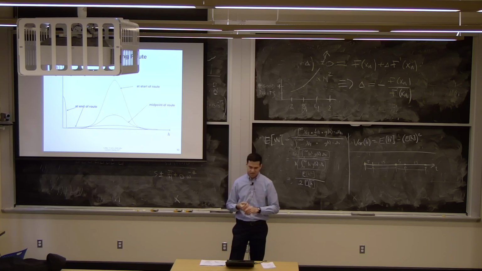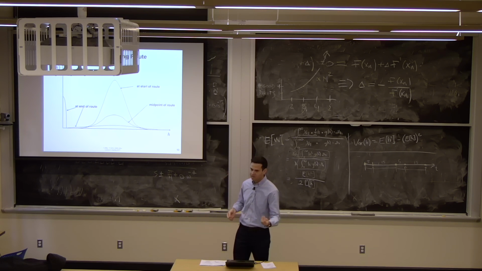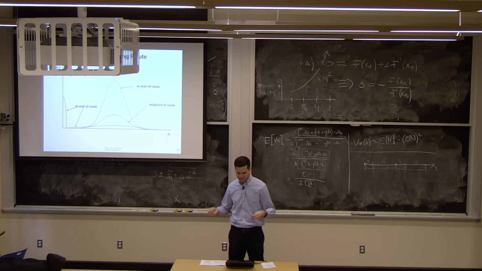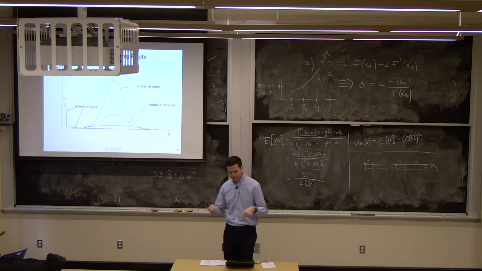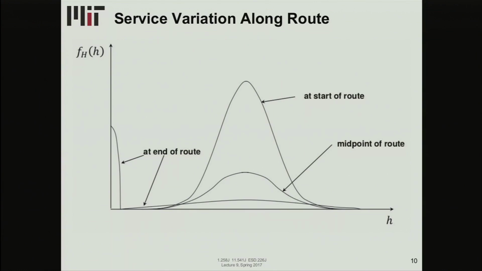And then it's also a function of where you are along the route, right? If you're closer to a control point, which could be the terminal or could be anywhere along the route, if there is control en route, then you'll have less variability of headways. As you run downstream of the last control point, then you'll see greater variability.